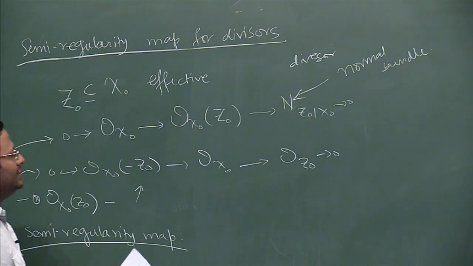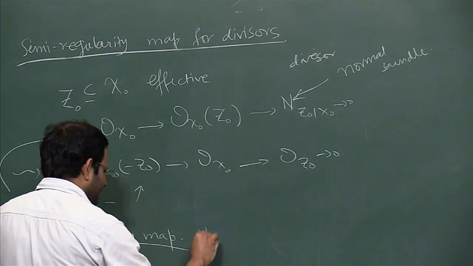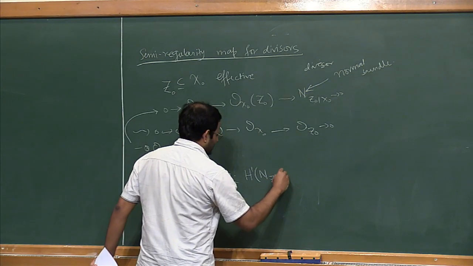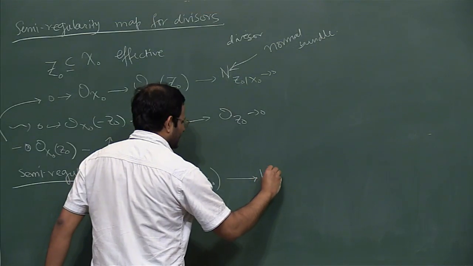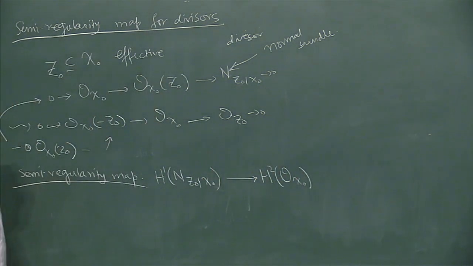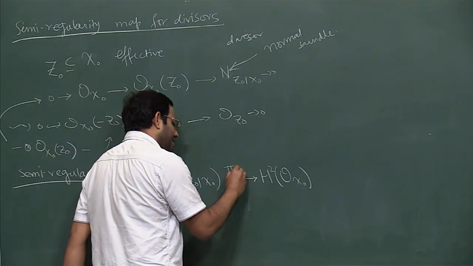Anyway, so now the semi-regularity map actually comes from the boundary of this short exact sequence. Okay, this is called the semi-regularity map. Let's denote this by pi.